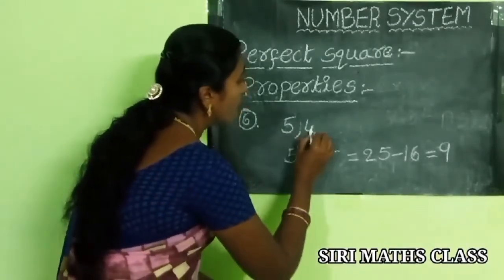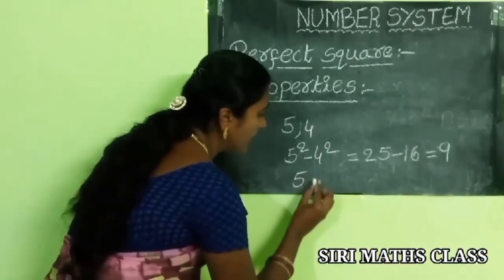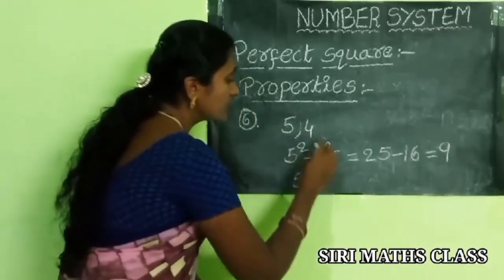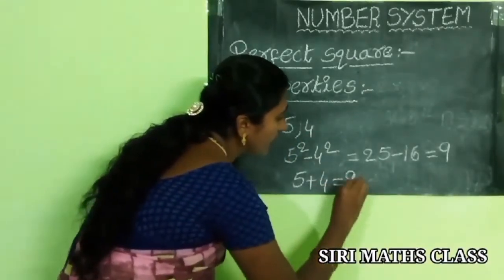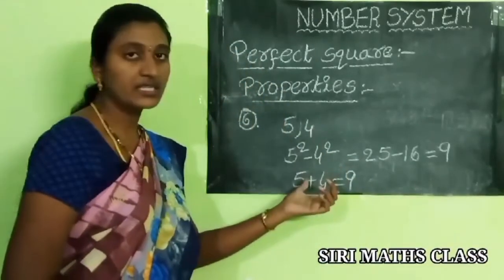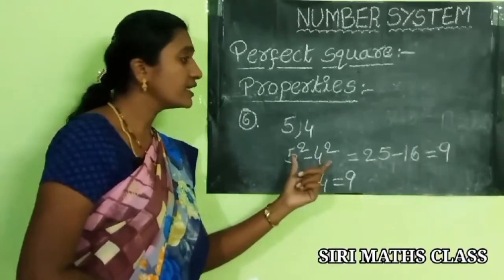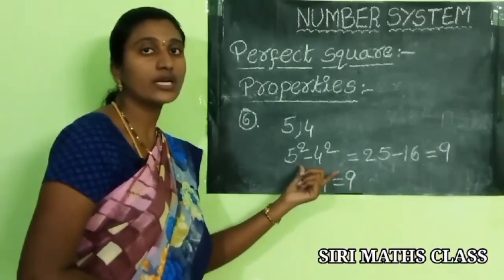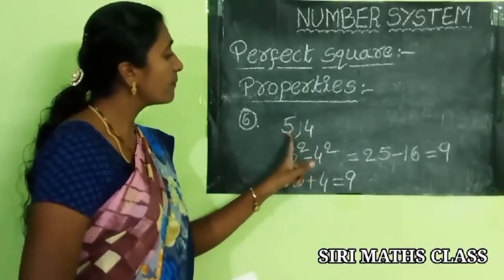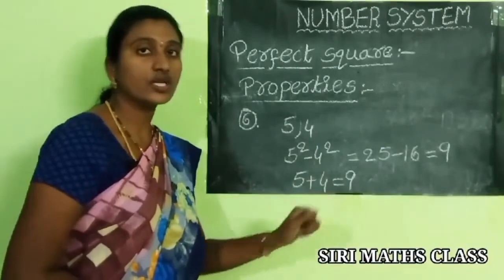What are the numbers? 5 and 4. So 5 plus 4 equal to 9. In this condition, the difference of squares of any two consecutive natural numbers is the sum of the two given natural numbers.